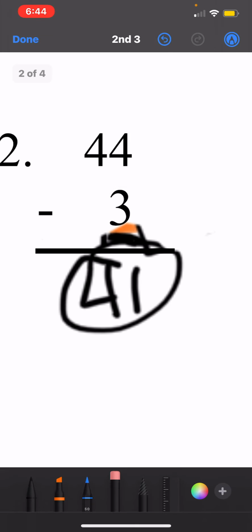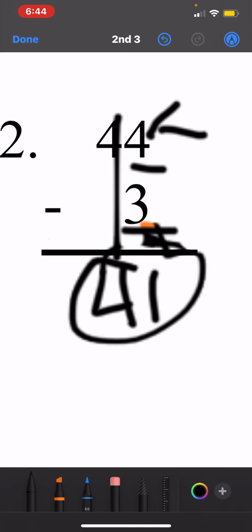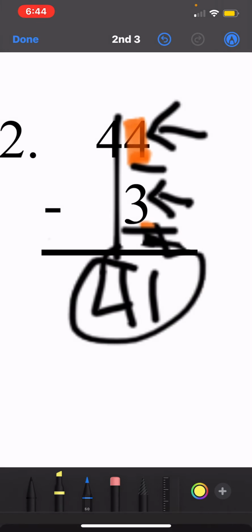So if you look at number 2, we have 4 and 3. And look closely at this. 4 is on top of 3, and 4 is a greater number, and 3 is a lower number. The greater number is above the lower number.